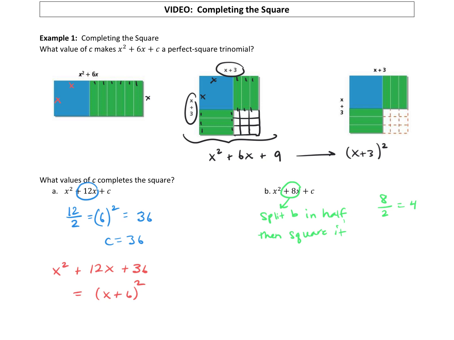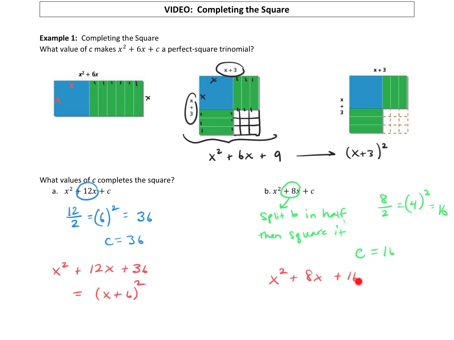So we're going to take that 4 and square it, and we get 16. So the c value that completes the square is 16. What does that look like if we write out that trinomial with the 16? x squared plus 8x plus 16. We just created something that we can factor.